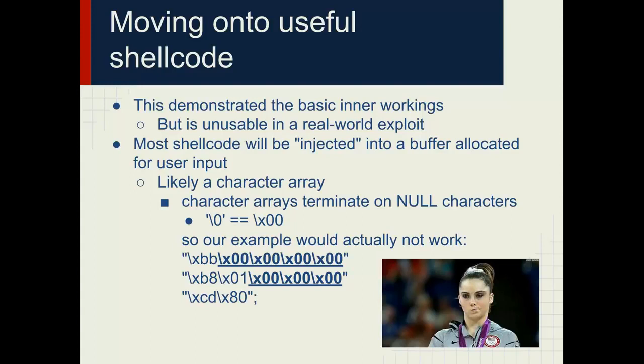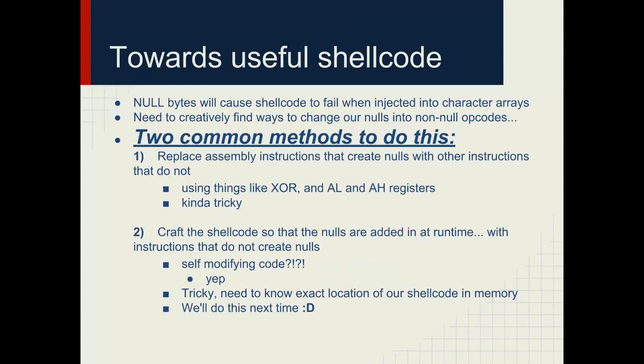So null bytes are a specific problem for string copy and often array-oriented copy operations. Anything that relies on terminating on a null byte or any other terminator has this style of problem. So this would be completely unusable in a real-world exploit.